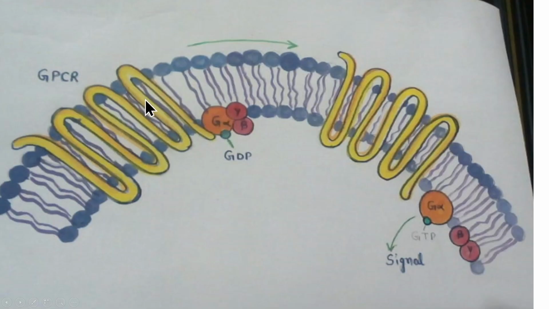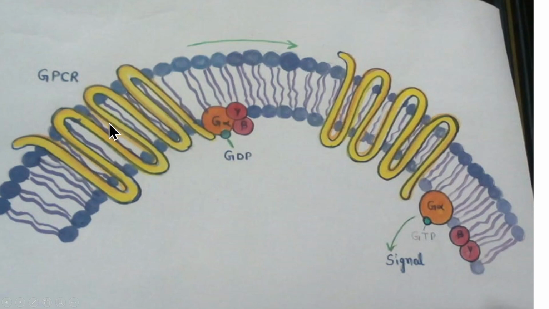This is the G protein coupled receptor. It is an integral membrane protein and has 7 transmembrane segments: 1, 2, 3, 4, 5, 6, 7. These are hydrophobic segments, and because of the presence of these 7 hydrophobic segments, the G protein coupled receptors are also known as 7 transmembrane receptors.